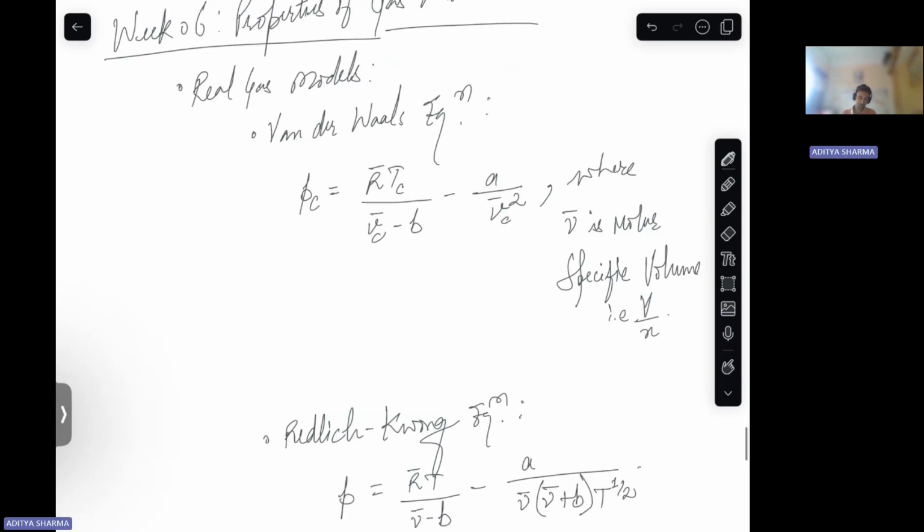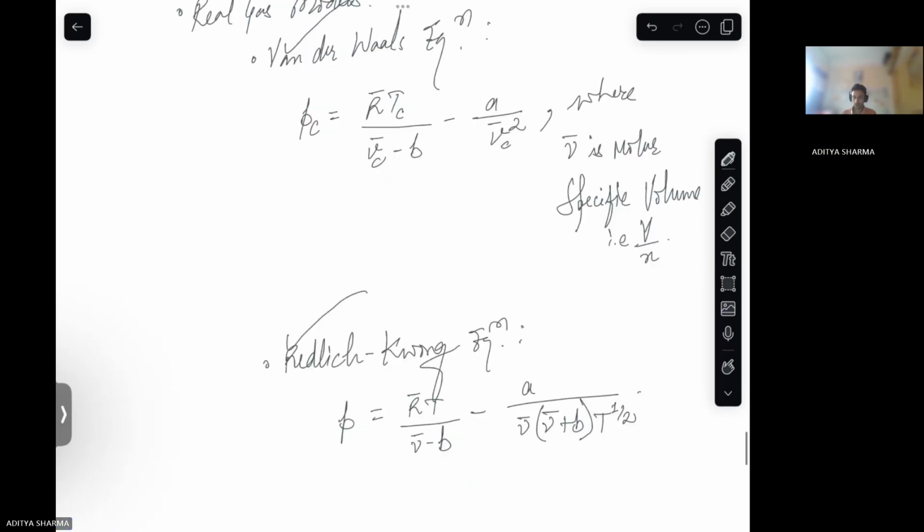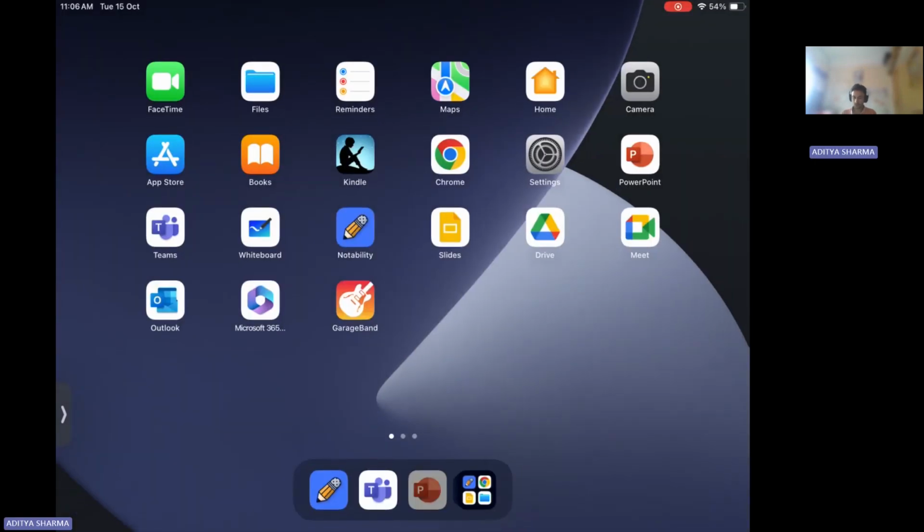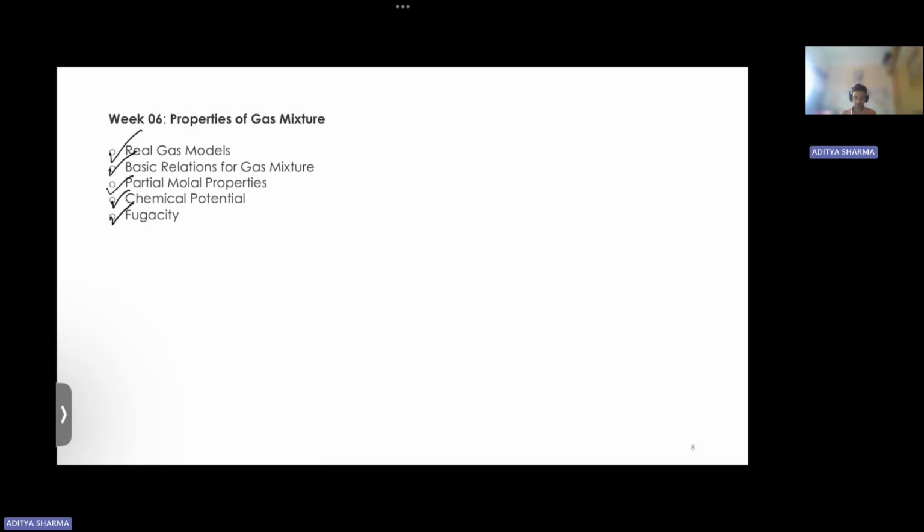So these two models have been discussed in the real gas models. After that, we saw the basic relations for gas mixture. So if we have different components in a particular mixture, how we can use the properties of those components to get the property of the mixture as a whole.